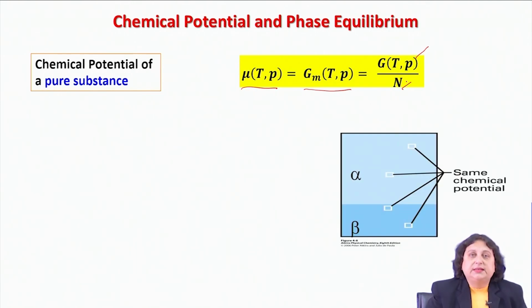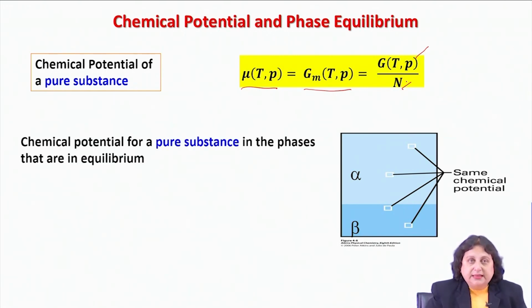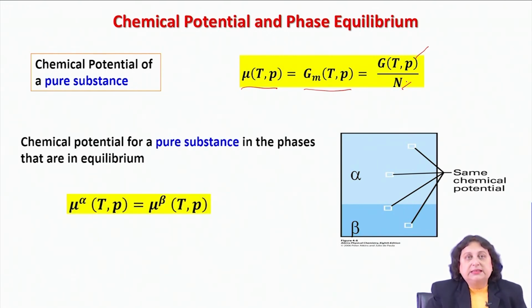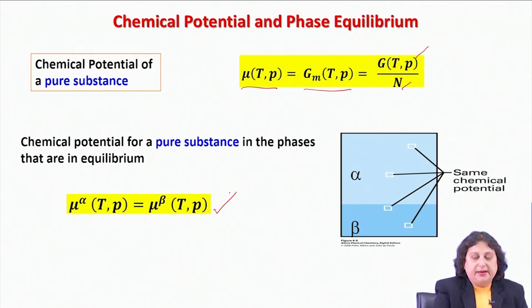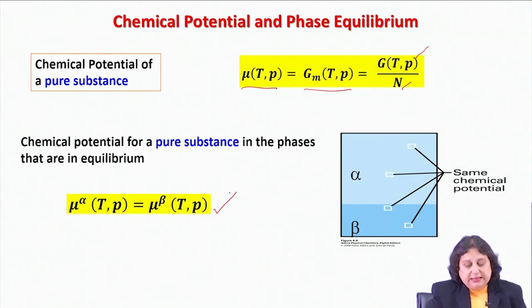Now let me consider a system for which there are two phases, alpha and beta, at equilibrium with each other at a given temperature T and pressure P. In that case, I can say that mu alpha (T, P) must be equal to mu beta (T, P). So it basically says that look at the phase alpha.